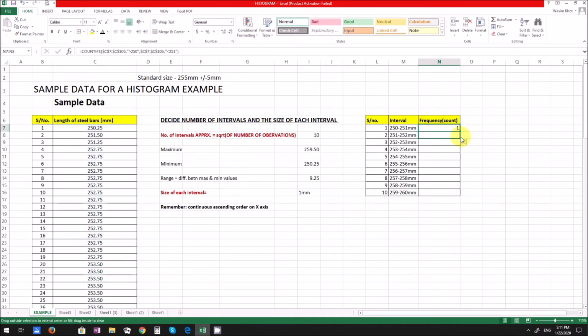All right, and for the second row the criteria will change to greater than 251 and less than 252, and for the third row greater than 252 and less than 253, and so on. So it has counted 16 values in this interval.